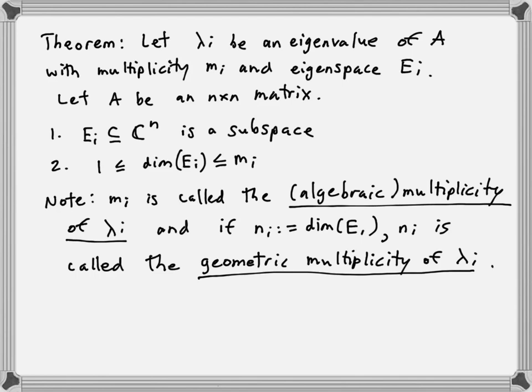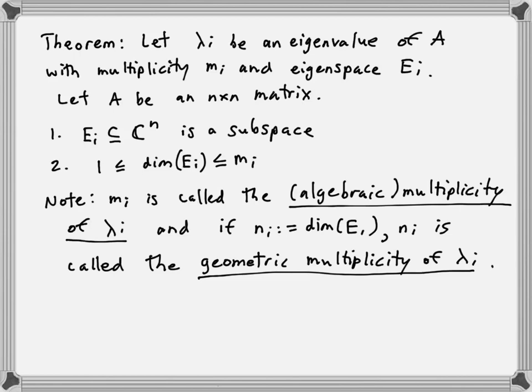Geometric multiplicity. So we now have two types of multiplicities: the multiplicity of the eigenvalue, and the geometric multiplicity of the eigenvalue, which is really the dimension of its eigenspace. The point is that the geometric multiplicity is always between 1 and the algebraic multiplicity. That's what this theorem says in our new language.